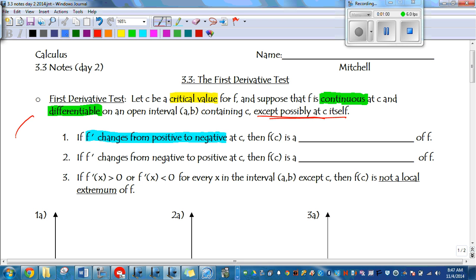But then if it changes to a negative slope, negative derivative, then it's decreasing. What kind of point do we have right here where it changes? A maximum, right? This is going to be a local maximum. If the derivative changes from positive to negative, we have a local maximum on the original function.